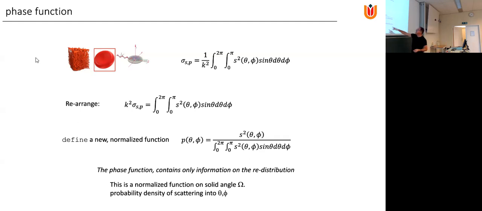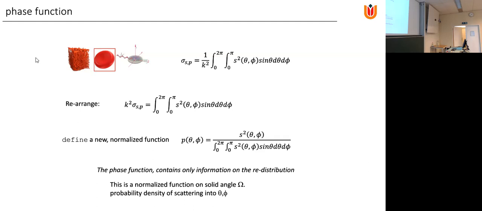P of theta. We started out with the top equation, which was the scattering cross section, which had in the integral the function s squared. That s squared contains information about both how strong the scattering is and about the directions. What I want to do is split these two. So I want to have one expression for the scattering strength and one expression that describes the angular distribution.